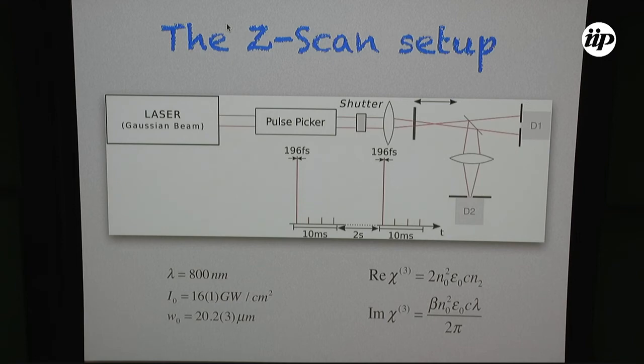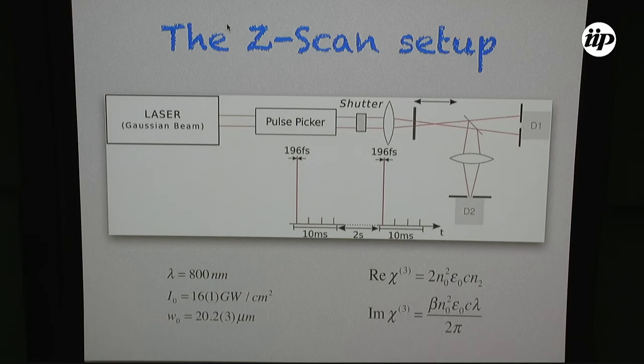If you are interested, for example, in thermal effects, you can form a thermal lens. The only difference you have in this type of scheme is that you don't have a pulse speaker; you have a continuous laser, and you chop this laser. You put a chopper in the way of this beam. A chopper is basically a disc with some holes. You make this type of movement.